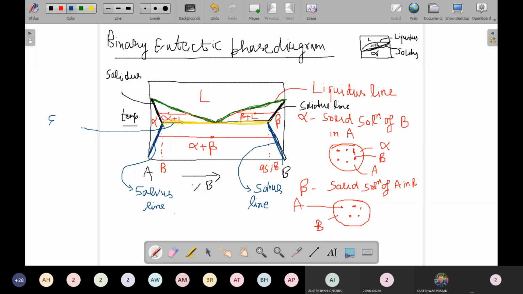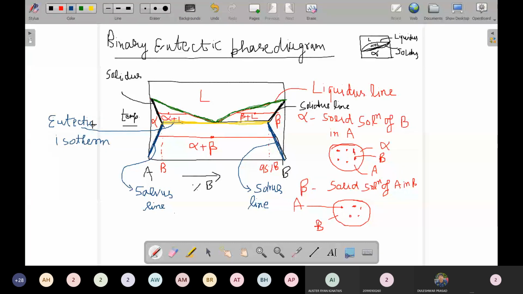Why do we call it a eutectic isotherm? This line is known as the eutectic isotherm. If you can see, this is the temperature axis, and this line is the constant temperature line. That's why it is known as isotherm.